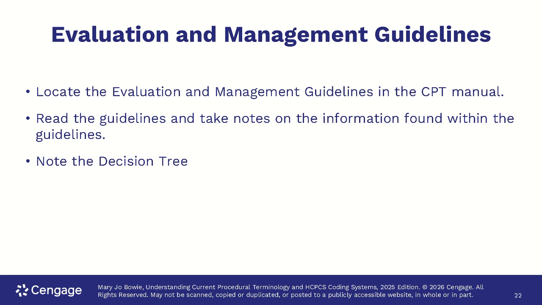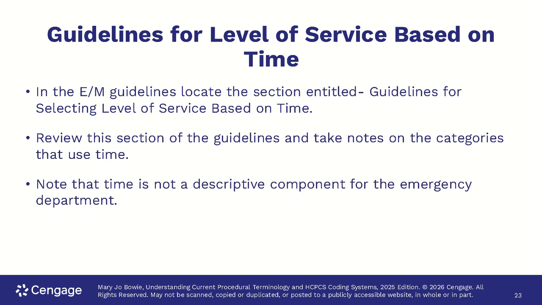So I talked about the decision tree for the new versus the established patient. Again, you want to take note of that. You definitely want to read through the guidelines and just start to let it absorb. It definitely takes more than one time.